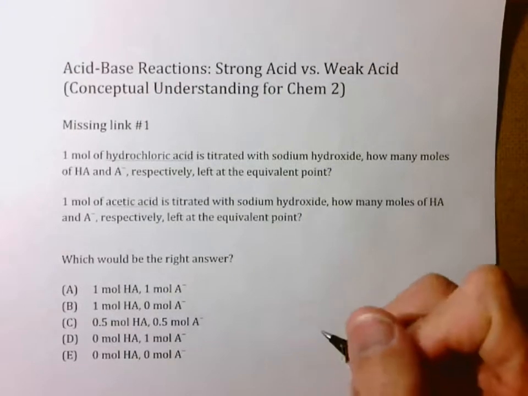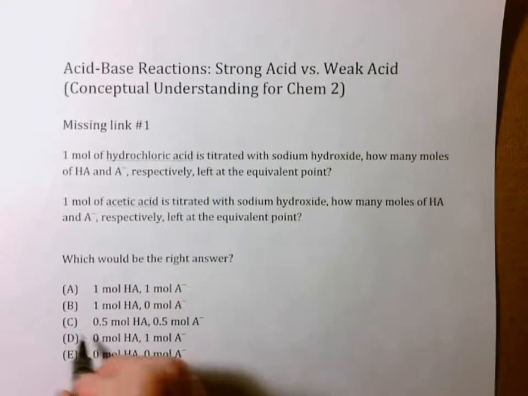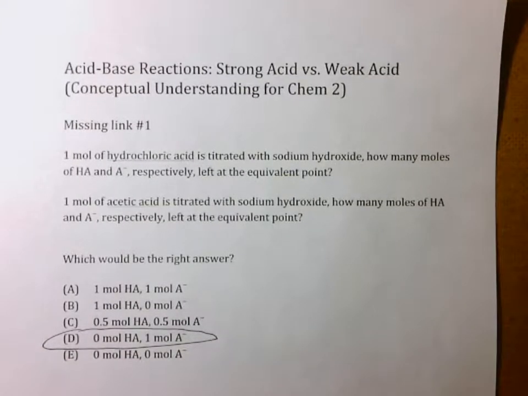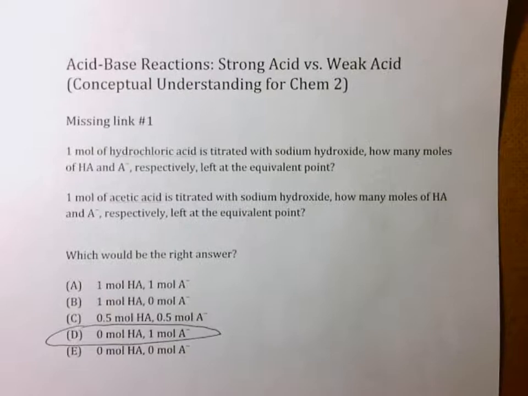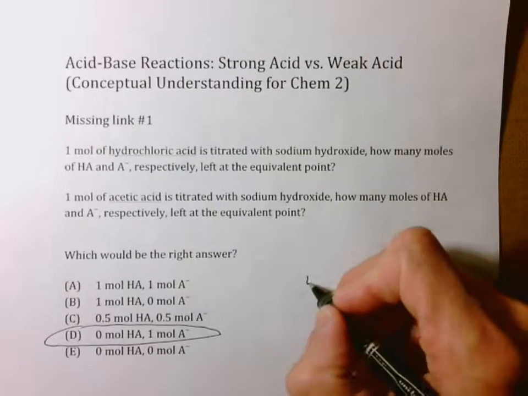Okay. If you have not made a decision, you might want to pause the video. I'm going to tell you the answer, otherwise the answer will be D. This is a variation of the so-called limiting reagent problem.